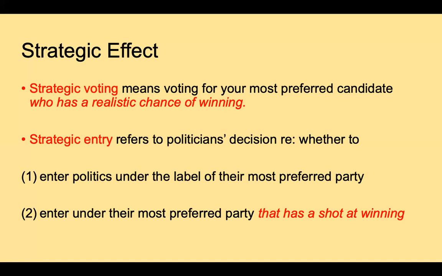Do I enter politics with my favorite party? Or do I enter politics under my most preferred party that also has a shot at winning? Voters and parties have this choice. Voters face this choice with regard to who they vote for. Politicians face this choice with regard to which party they run with.